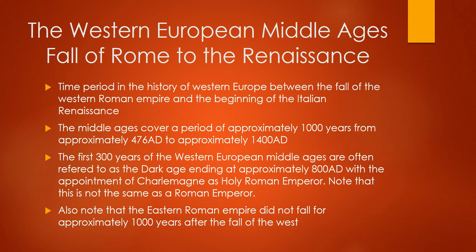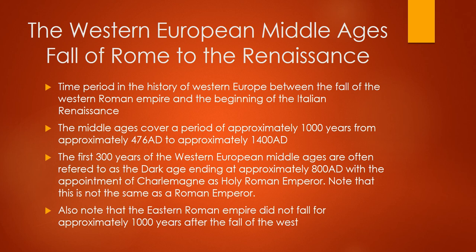There were invasions of people coming from northern Europe down into the Mediterranean region. So there was a loss of things over that time period. In that 300-year period, trade, commerce, learning, and cities all pretty much came to a grinding halt.